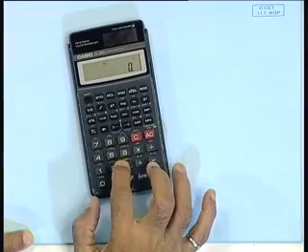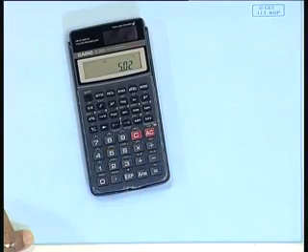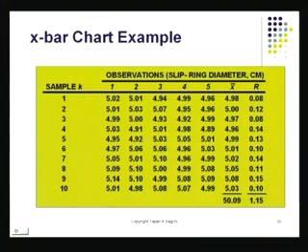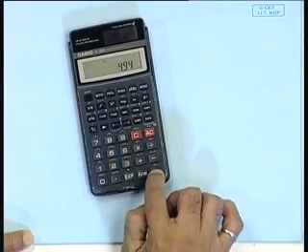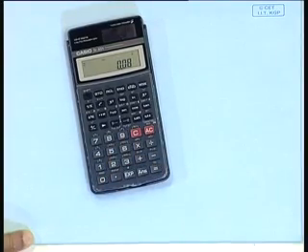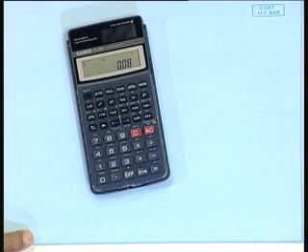So, I enter that quantity there, 5.02. Now, this is the max X value. What is the min X value in this? It is 4.94. So, I do minus 4.94 and I do an equal and I get 0.08. That is the value of R.